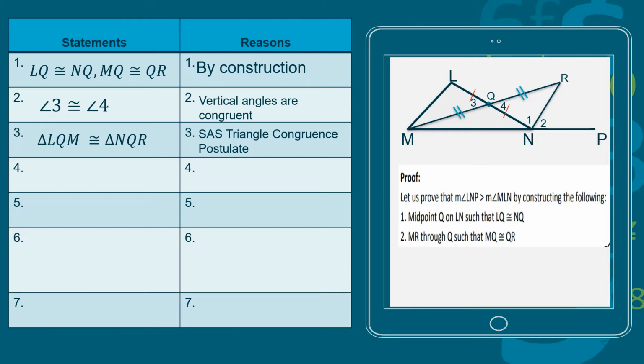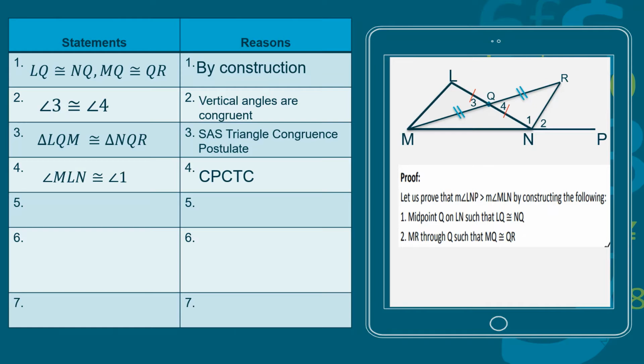Now, based on statement number 3, angle MLN is now congruent to what? Correct. MLN is congruent to angle 1, and the reason is that they are corresponding parts of congruent triangles.